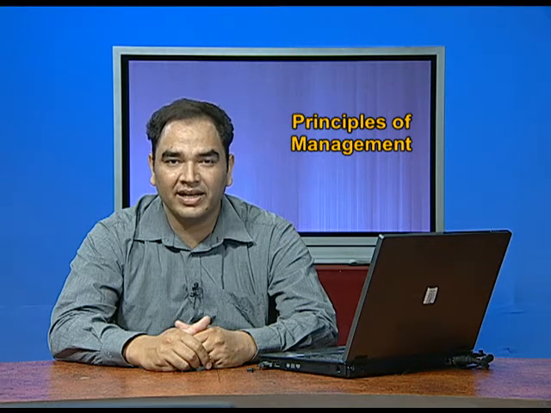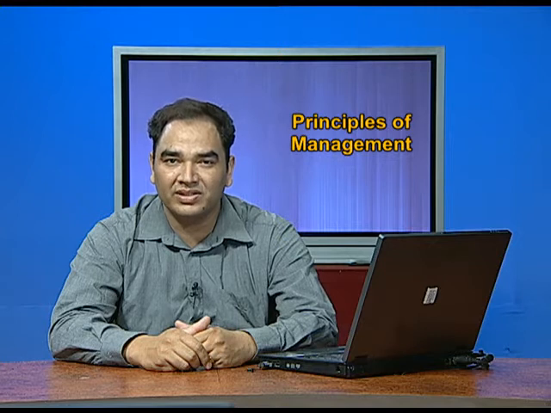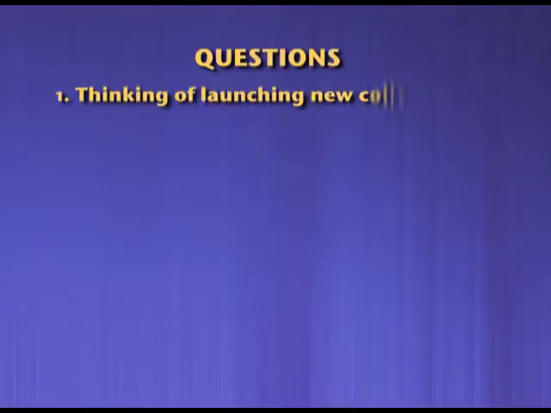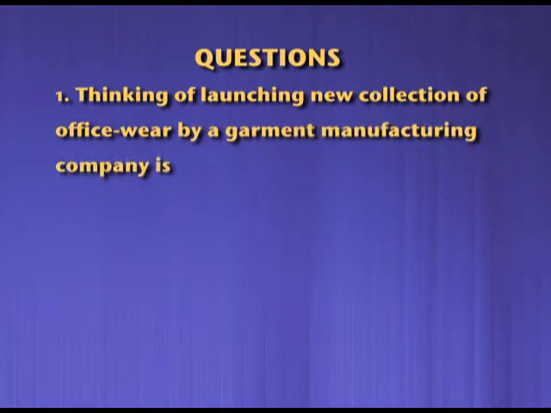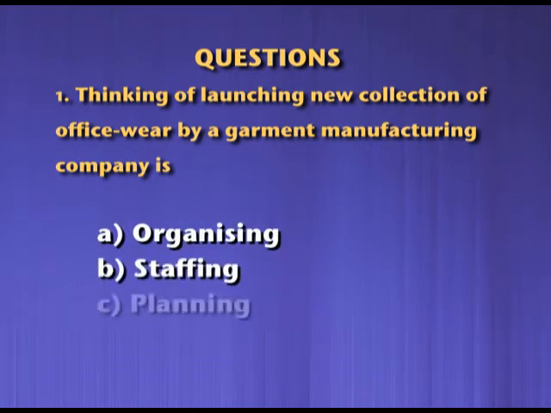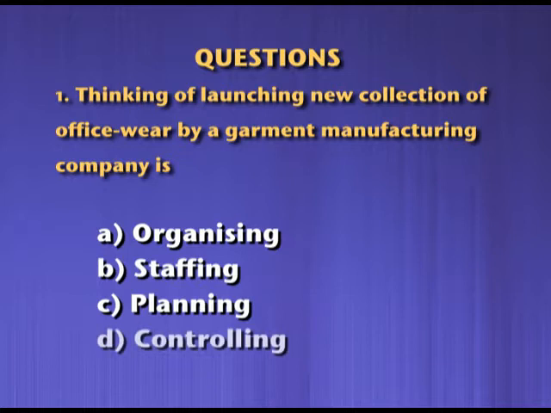But before starting the new chapter, let me tell you the correct answer of the questions which we had in our last episode. Question number 1: Thinking of launching new collection of office wears by a garment manufacturing company is A. Organizing, B. Staffing, C. Planning, D. Controlling.